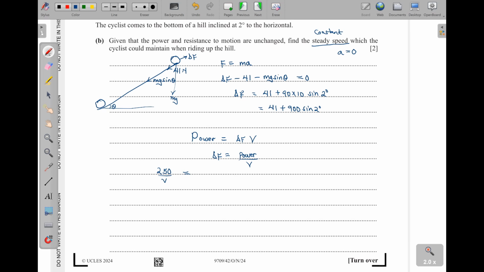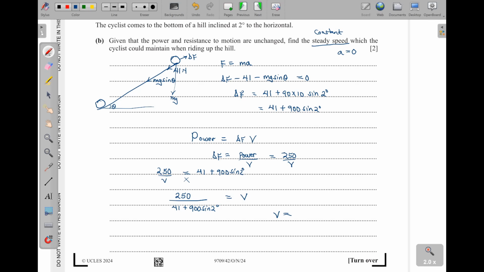This one here is our new driving force, then these two we equate them. So we have 250 over V equal to 41 plus 900 sine of 2. When I cross multiply, the 250 will be divided by 41 plus 900 sine of 2. This one will give us the V.